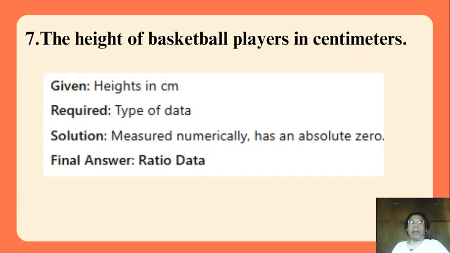Practice problem number 7. The height of basketball players in centimeters. So we're given heights in centimeter, the type of data. So solution, these are measured numerically, has an absolute 0. So the final answer, ratio data.